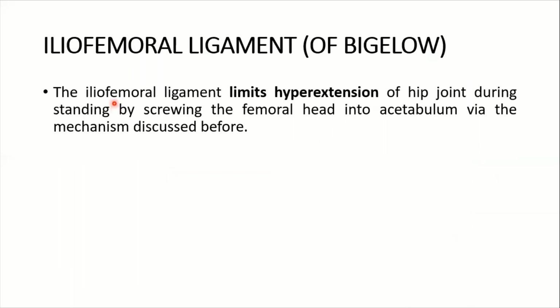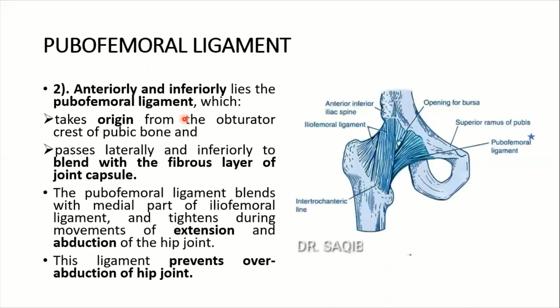So the iliofemoral ligament limits hyperextension of the hip joint during standing by screwing the femoral head into the acetabulum via the mechanism discussed before. I discussed that in detail.